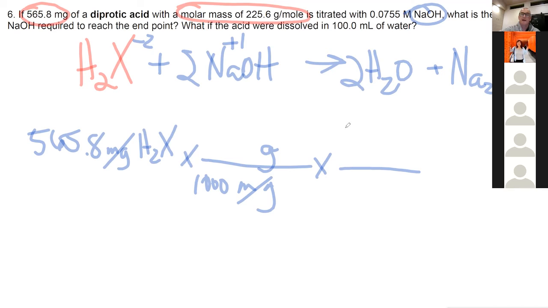I always put what I want on the top and what I want to get rid of on the bottom. So how many grams per mole is our H2X? 225.6 grams per mole. So that gets rid of my grams, and now I've got moles of H2X, and that is what I want.